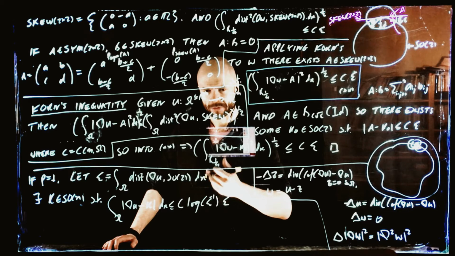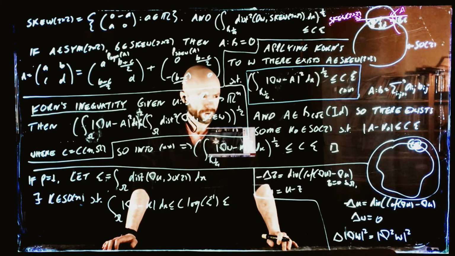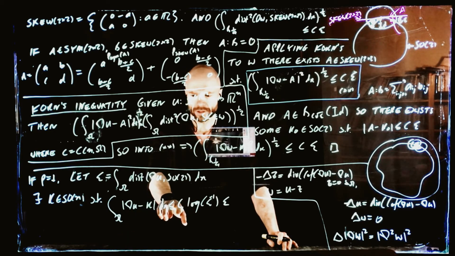I think that's a common phenomenon when you have an inequality for Lp and you want it for L1: you can have it, but at the cost of a logarithmic loss. And this is actually sharp. You can't do better than this in L1.